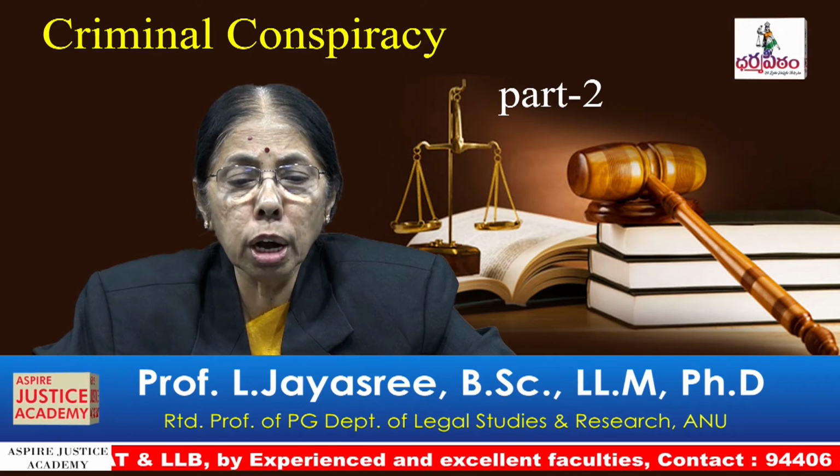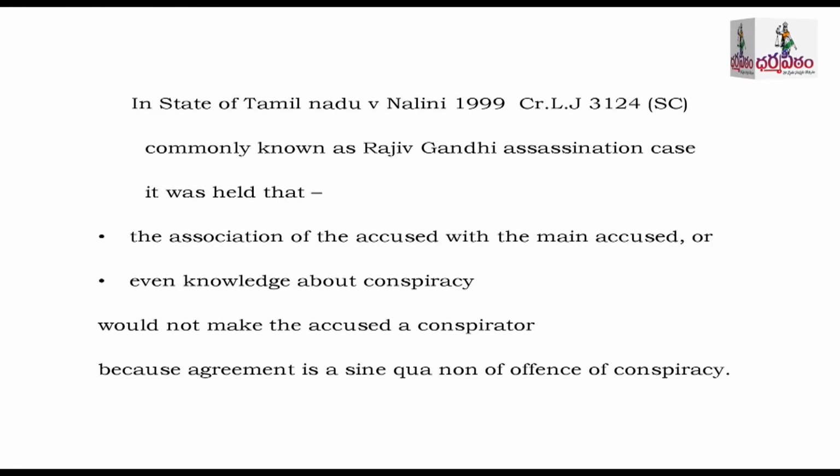In State of Tamil Nadu versus Nalini, popularly known as the Rajiv Gandhi assassination case, the Supreme Court held that association of the accused with the main accused and even knowledge about the conspiracy would not make the accused a conspirator. So A is associating with the main accused of the conspiracy.